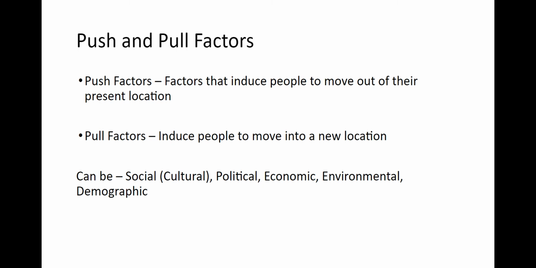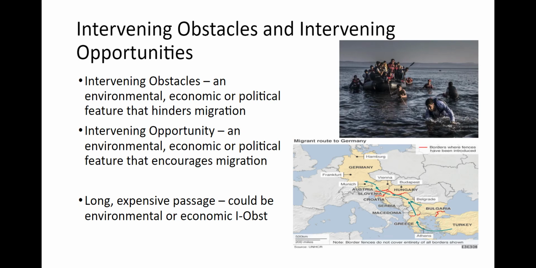Okay, so we have push and pull factors. Two more really important terms are intervening obstacles and intervening opportunities. So intervening obstacles are basically economic, environmental, or political features that hinder migration. So environmental ones can be as simple as a mountain or a range of mountains.